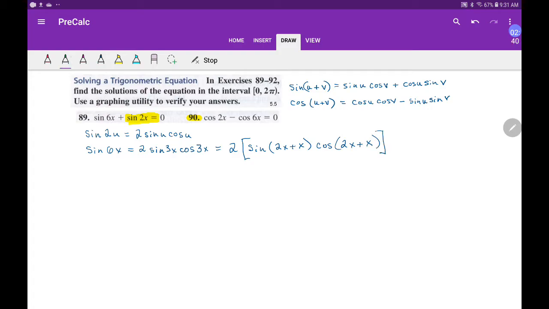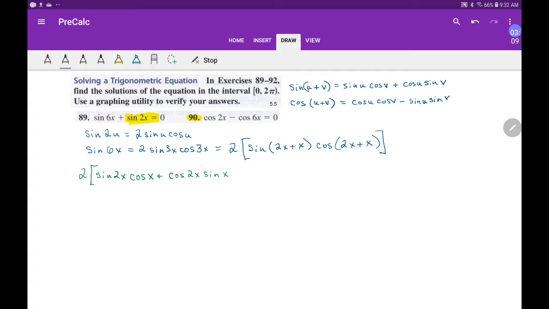We will say 2 times the sine of 2x plus x, and I'm going to use this up here. So that is the sine of the first one, sine of 2x, times the cosine of the second one, plus the cosine of the first one times the sine of the second one. Okay, that one right there.